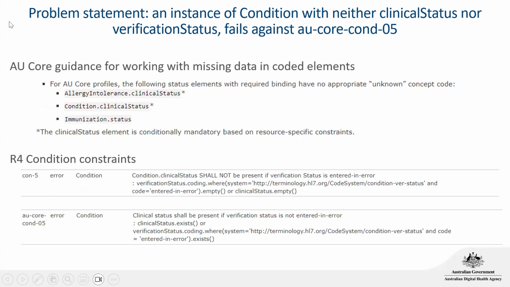This is why I'm raising this issue: when I'm creating an example instance against this profile, and it doesn't have a clinical status or verification status, the validator shows a fail against a constraint, AU Core Cond 05. At the bottom of this slide, I have the definition of that, which is that clinical status shall be present if verification status is not entered in error.